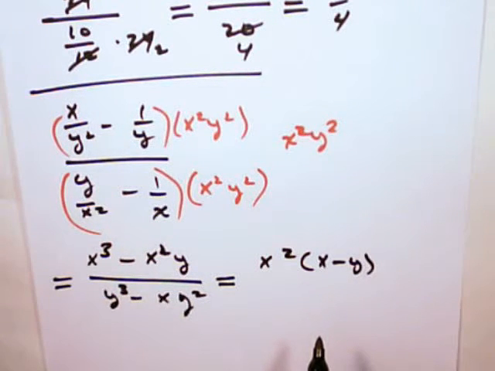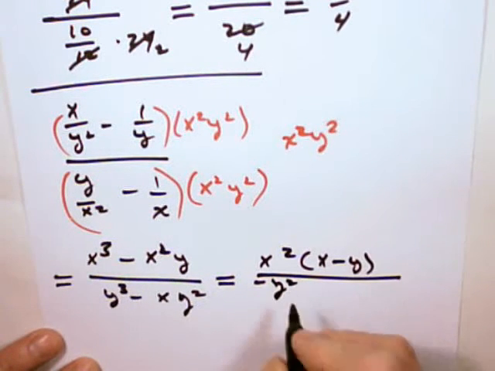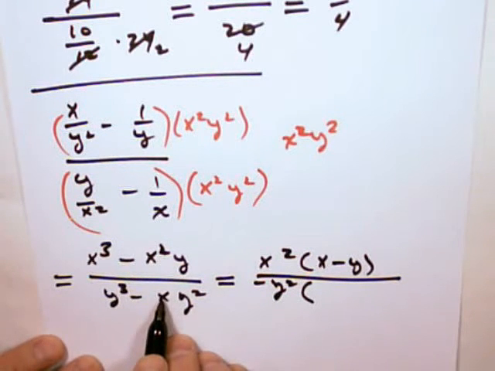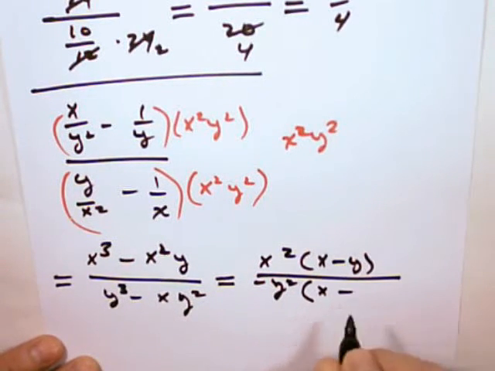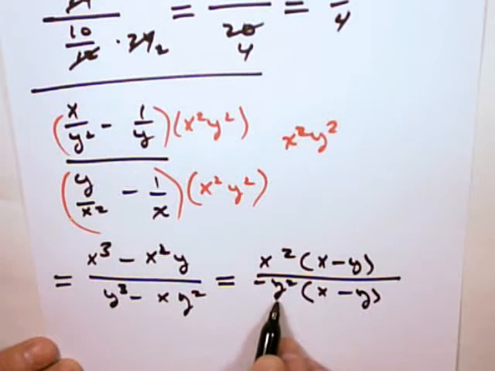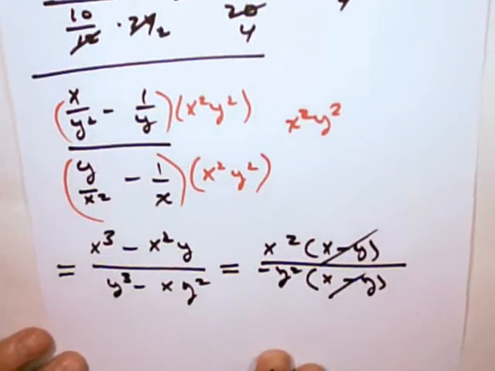If I factor out a negative y squared in the denominator, what's going to end up happening is that this negative x is going to be changed into a positive, and then I'm going to have a minus y there. So I sort of looked ahead there and saw that if I pulled the negative y squared out, I'd get some good factors that I could then cancel.